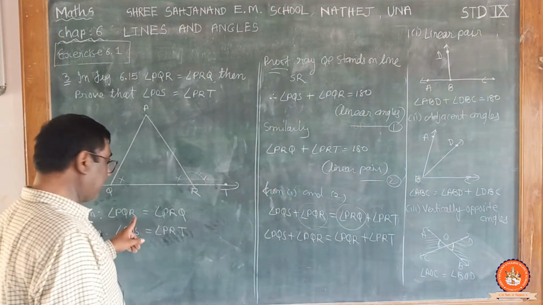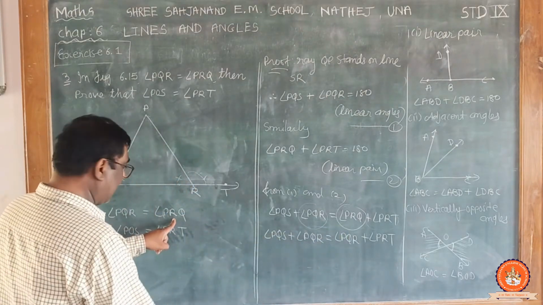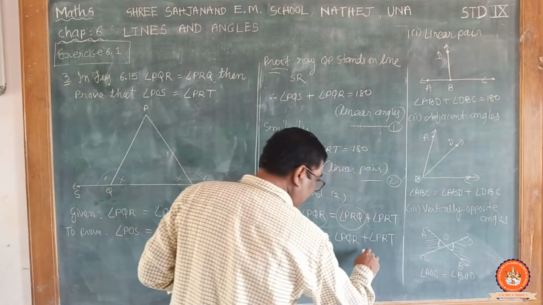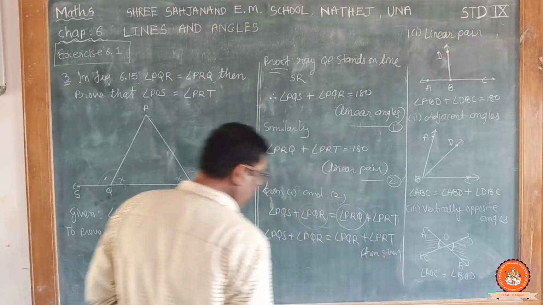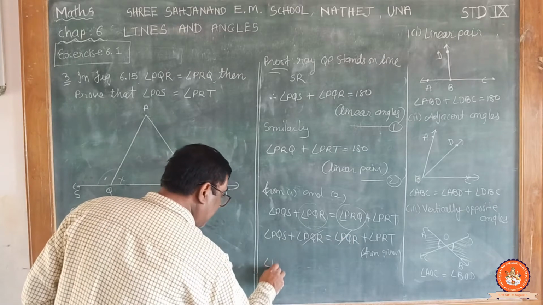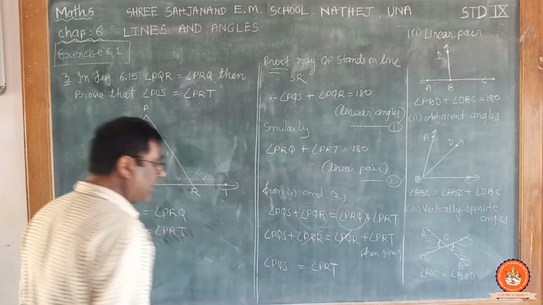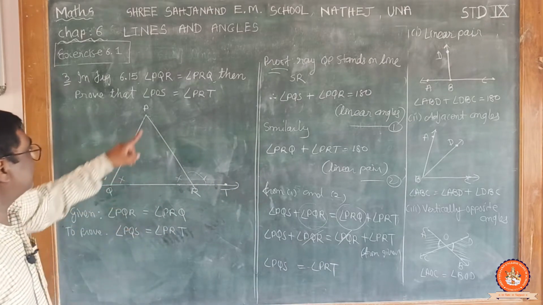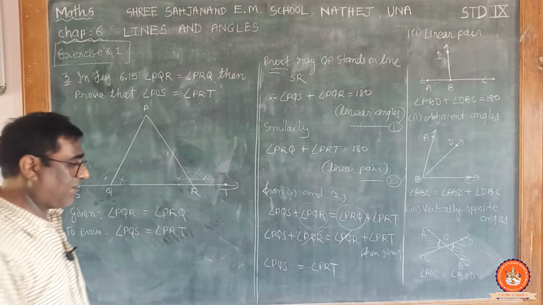Okay, from the given, in place of PRQ I can write PQR. Okay, now both of these get cut. PQR cut. So angle PQS is equal to angle PRT. Okay, angle PQS is equal to PRT. Okay, very good.